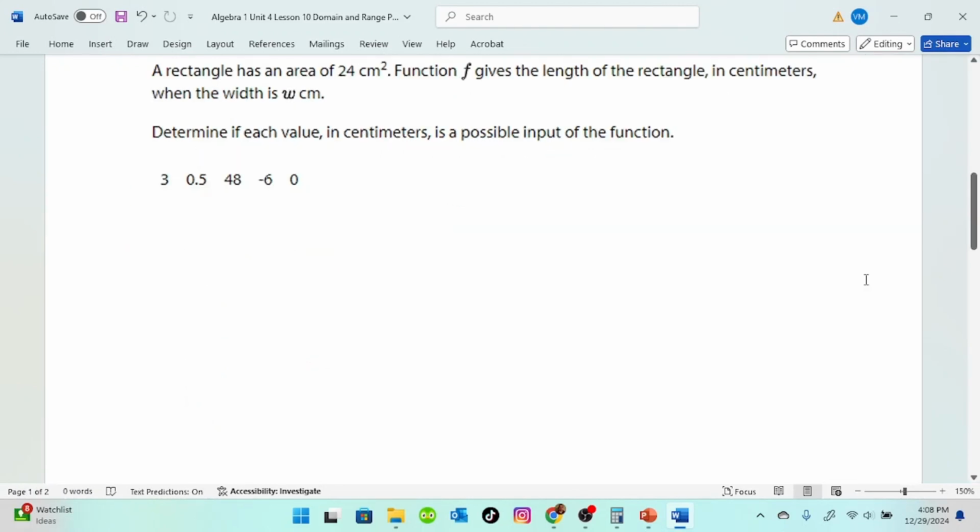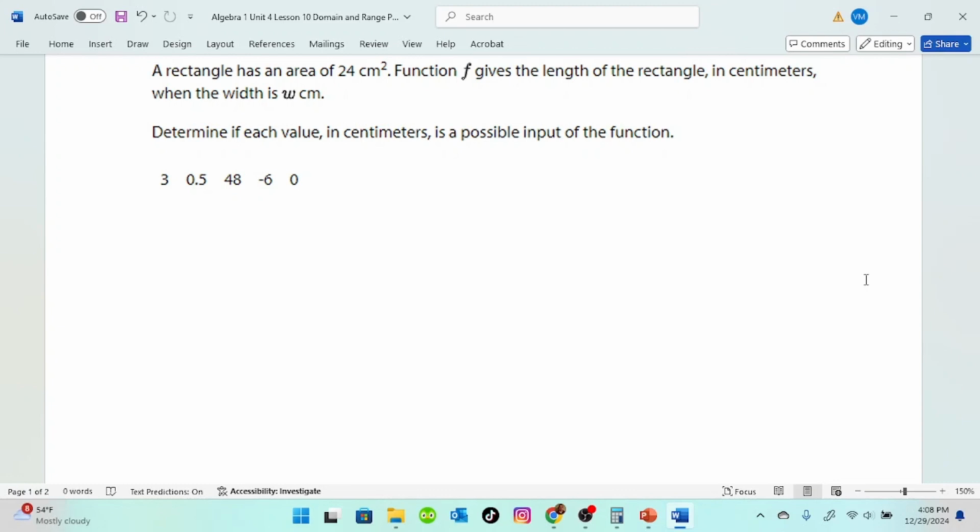Our next practice problem says a rectangle has an area of 24 centimeters squared. Function f gives the length of the rectangle in centimeters when the width is w centimeters. Determine if each value in centimeters is a possible input of the function.